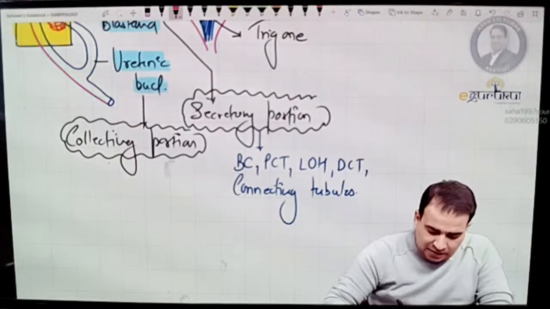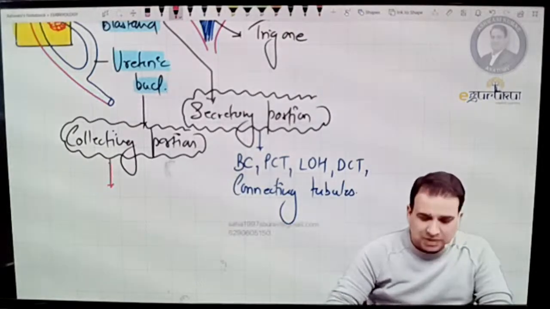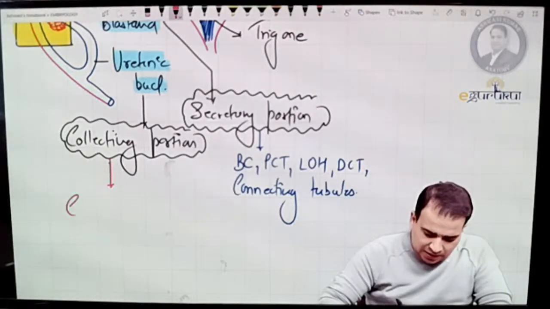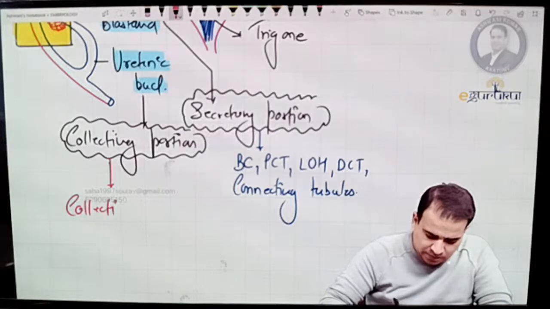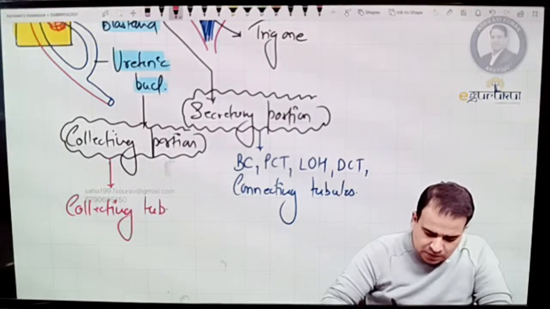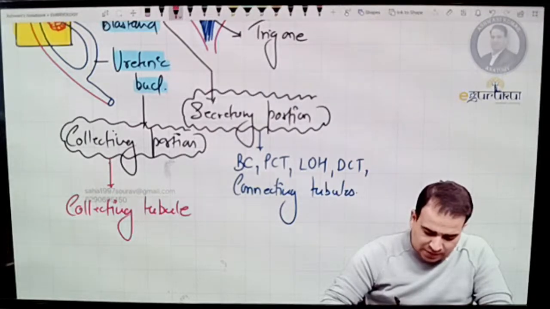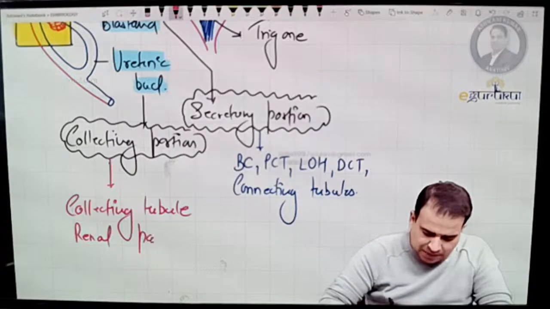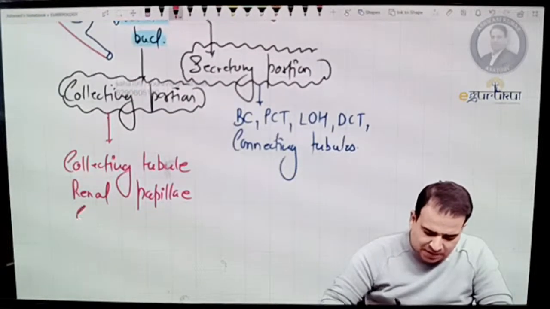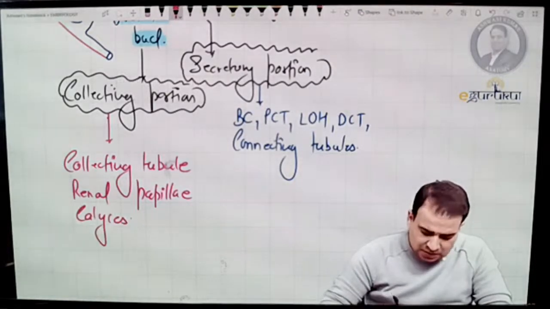But the collecting portion of the kidney, as I was talking about, will give rise to the collecting tubule. It will give rise to the renal papillae, major and minor calyces, all collecting portion. It will give rise to the renal pelvis.